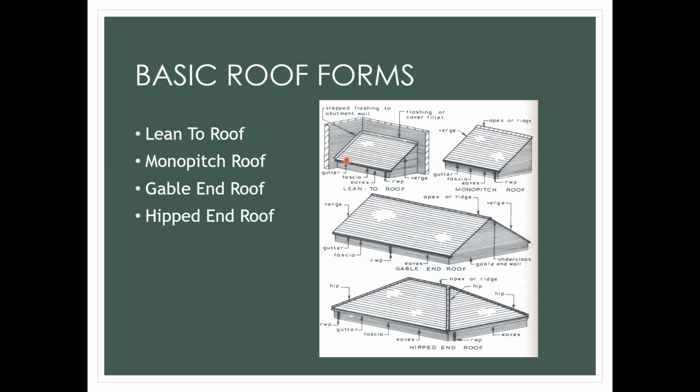Normally a lean-to roof is provided for a garage, some extra space connected to the building. And then we have the mono pitch roof, where mono is one, only one side of the roof.